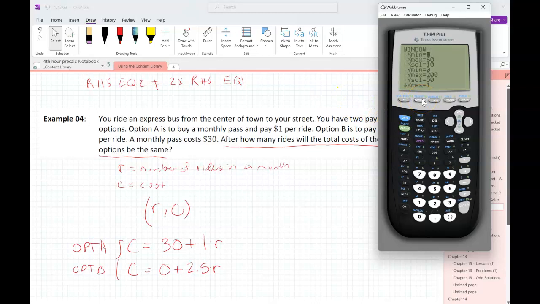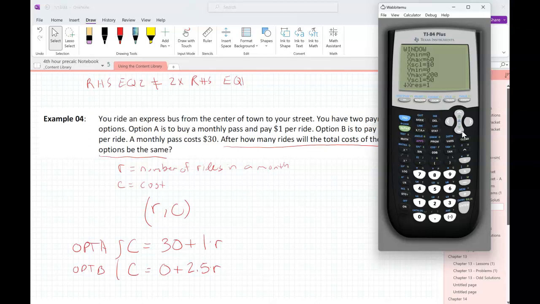Now I'm going to set my window. So x is representing the number of rides. Can that be a negative number? No, right? That doesn't make any sense in the context of the problem. So I'll set my x minimum, which represents the number of rides, as 0. What's the most number of rides that somebody might feasibly make in a month? I picked 60.